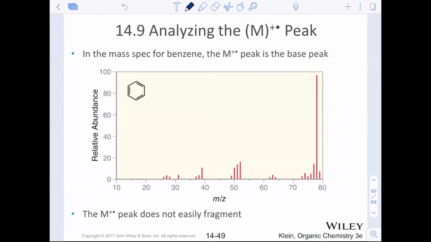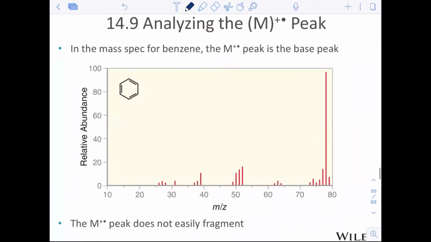All right, analyzing that parent ion peak, right? So looking for the parent ion, again, it's going to be the furthest peak to the right, the highest number here on the right-hand side. I'm going to zoom in. Here is our molecular ion peak, our parent ion.